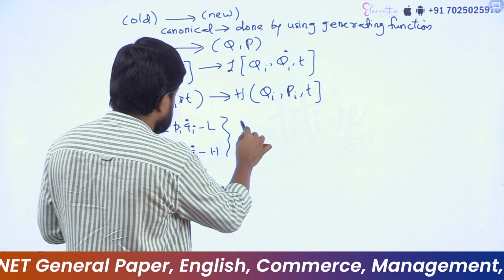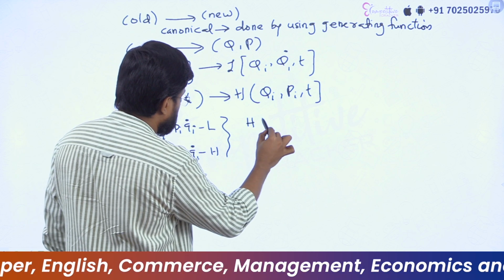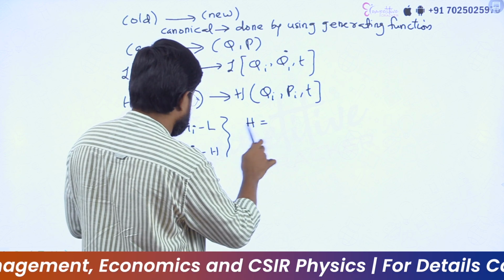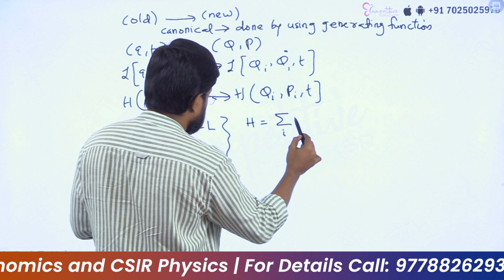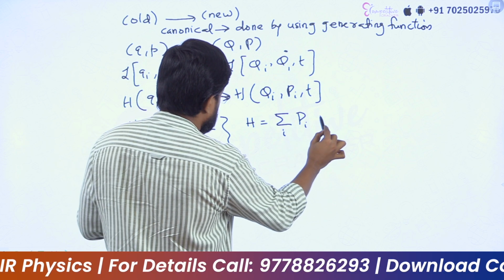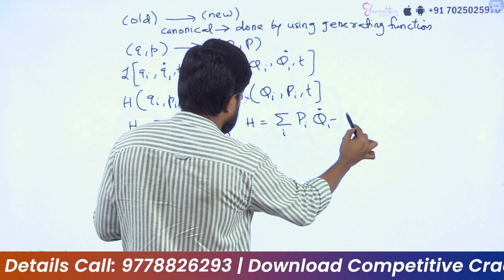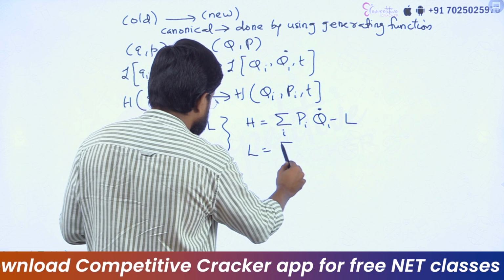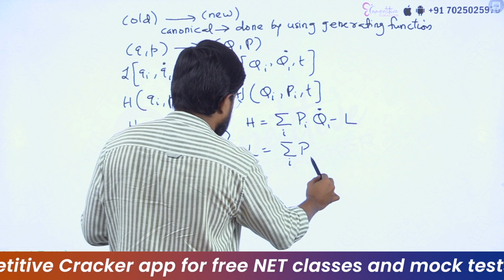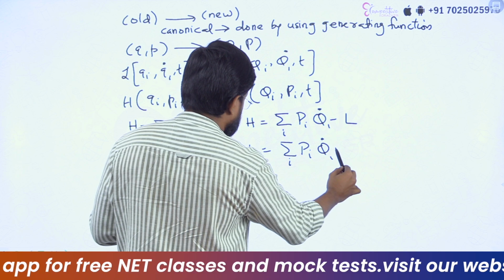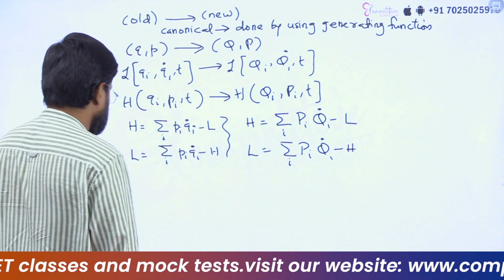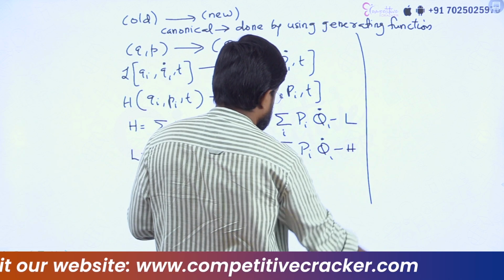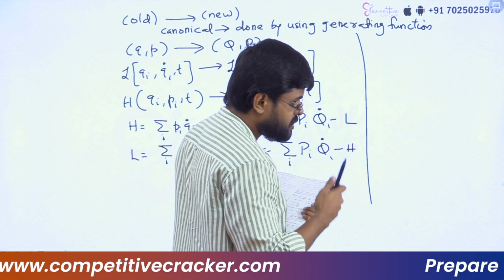So these are in the new coordinate system. The Hamiltonian is related as H is equal to the summation over i of capital Pi capital Qi dot minus L, and the Lagrangian L is equal to the summation over i of capital Pi capital Qi dot minus H, that we know, okay.